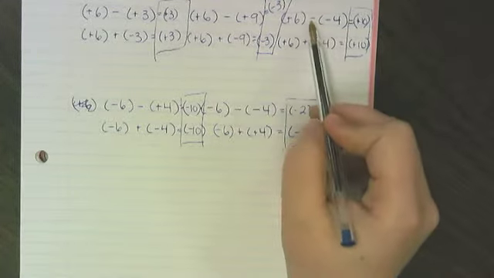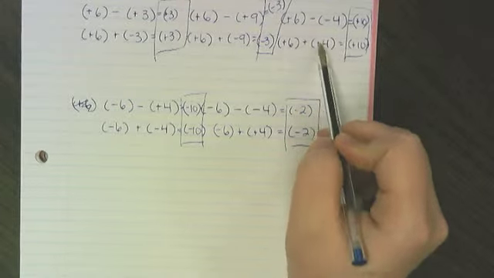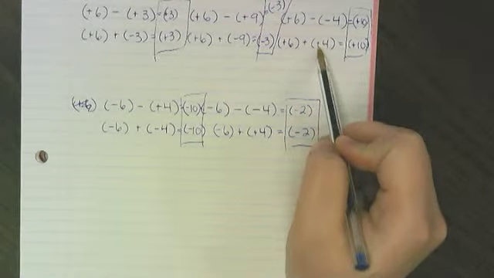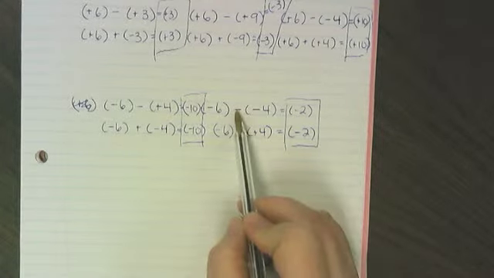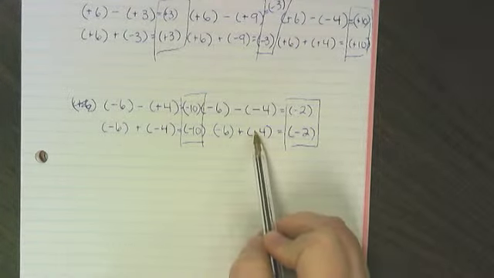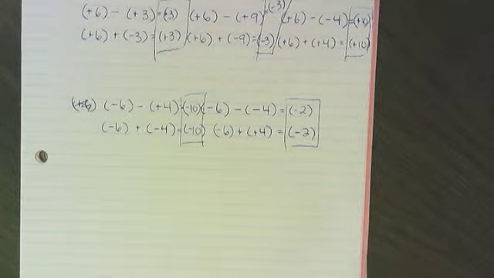We went from subtracting negative to adding positive. The sign switches each time. Subtracting positive, adding negative. Subtracting negative, adding positive. So you can switch all of your subtraction questions into addition questions by changing the sign that follows the minus sign.